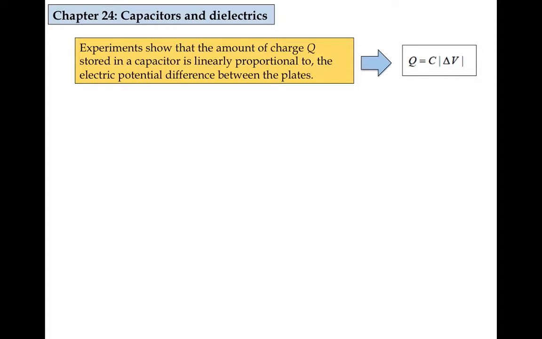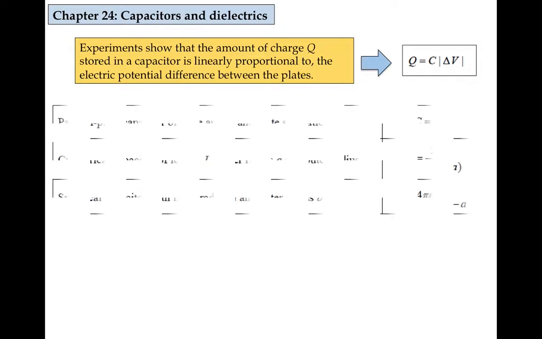If you remember, we said that it's purely a geometric value, so it depends on the geometry, and also on the space or the medium in between the two plates.